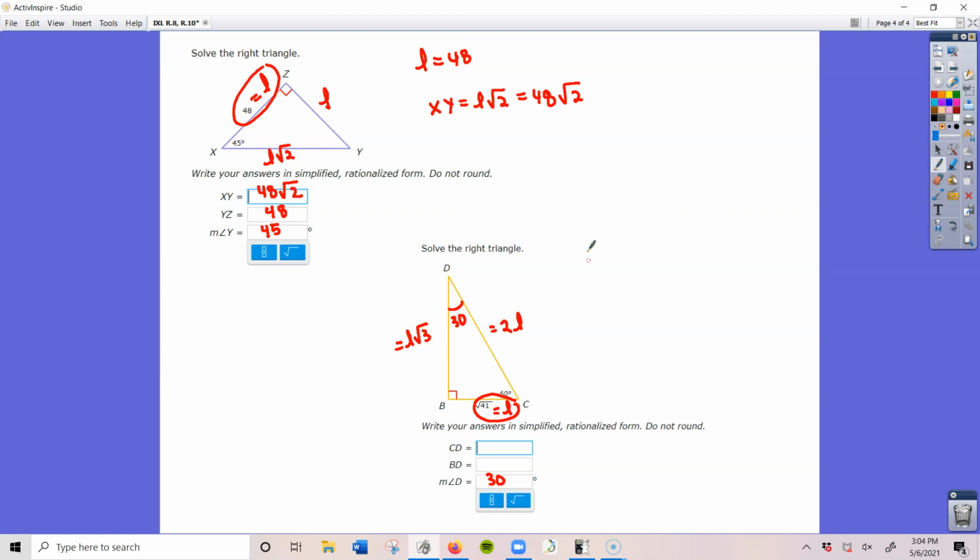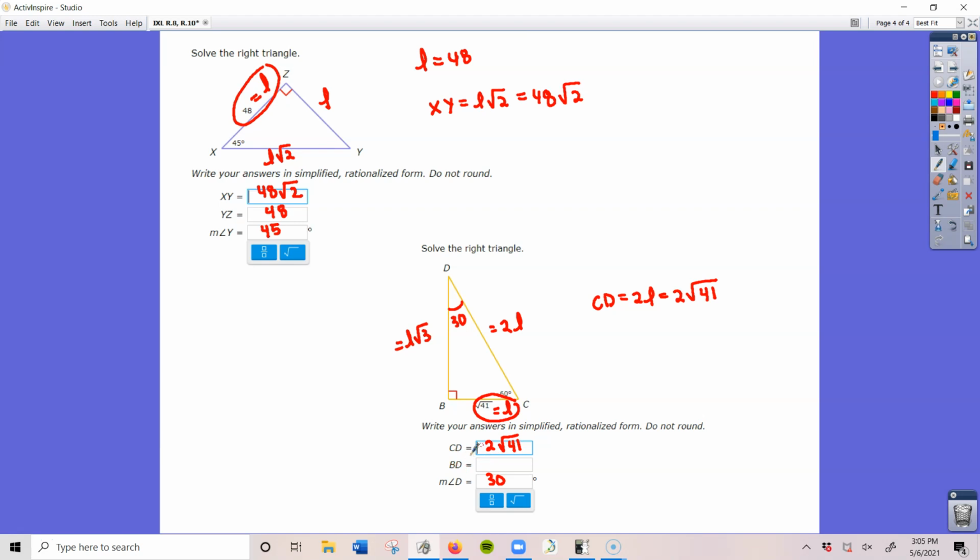So CD, which is equal to 2L, is going to be 2 times L, which is square root of 41. There's nothing I can really do with that, so CD is 2 square root of 41.